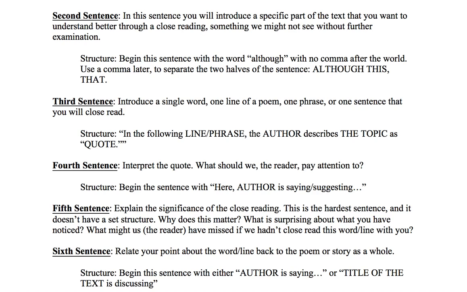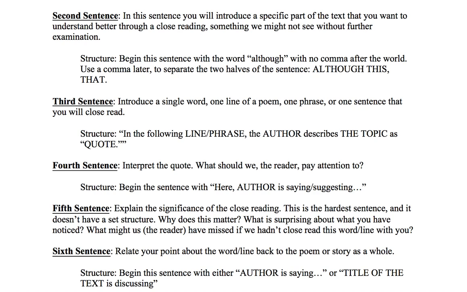Begin this sentence with the word although, with no comma after this word. Use a comma later to separate the two halves of the sentence. So you'll write, although this one thing, comma, that other thing, period.